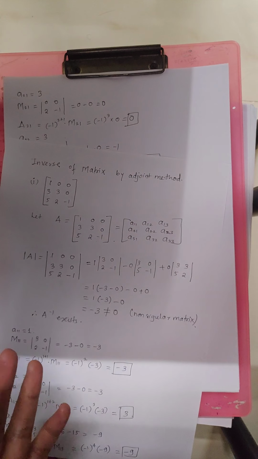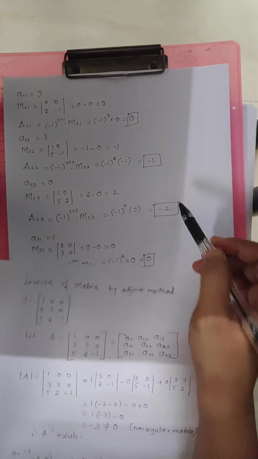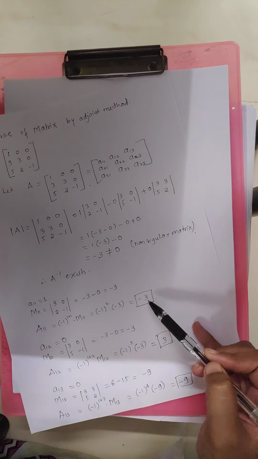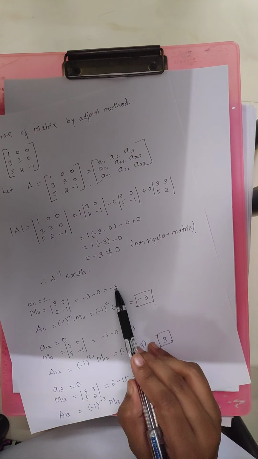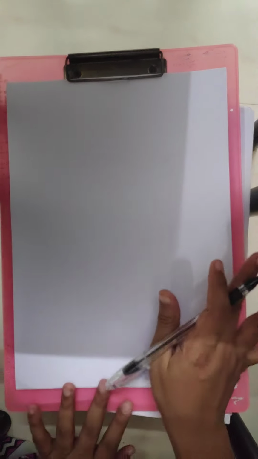Now we will see how to find the inverse by using this. So these are the minors. Sorry, these are the cofactors. We had put it in the box. And these values are the minors. So we had found all the elements of minor and cofactor.